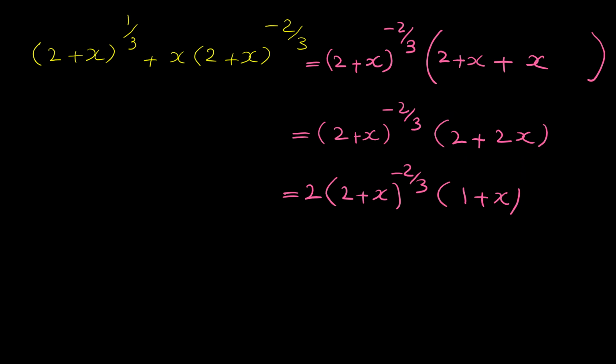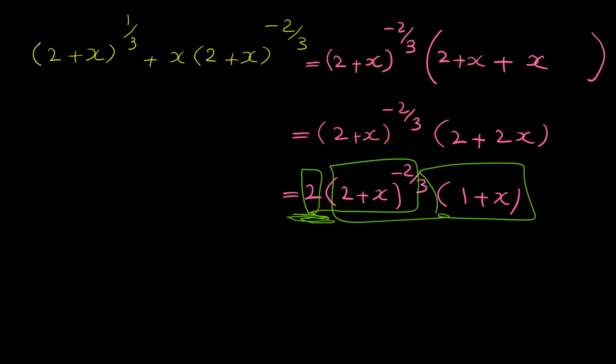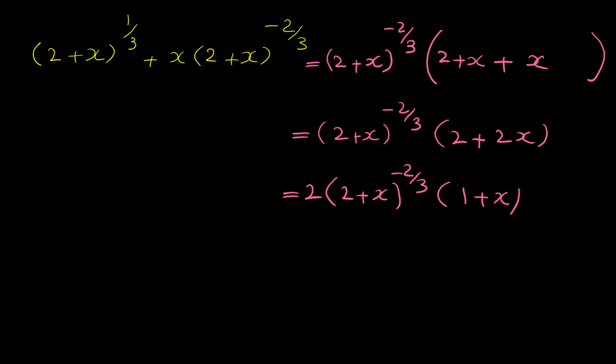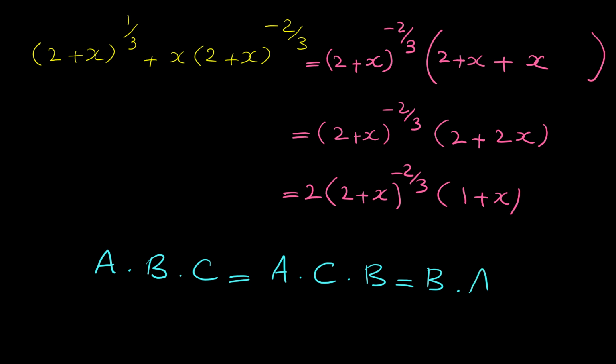And if you wonder why I put 2 here, attention, between these two and this bracket, this is multiplication. In multiplication, the order of writing the terms is not important. When you have a times b times c, you can write it as a times c times b, or b times a times c.